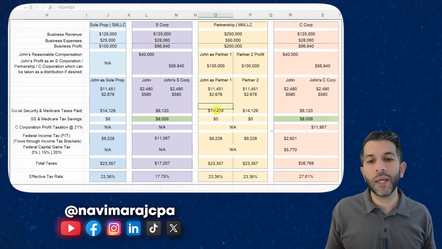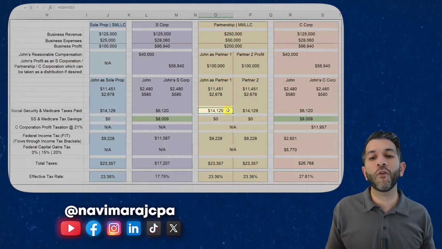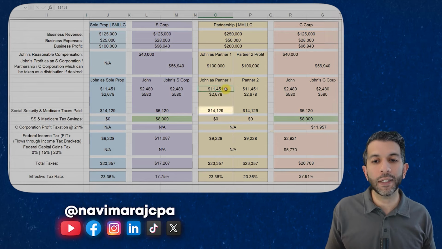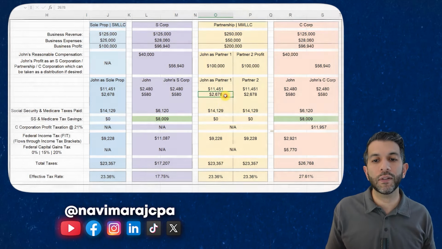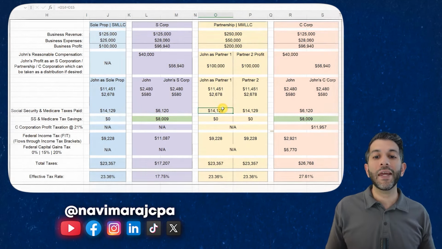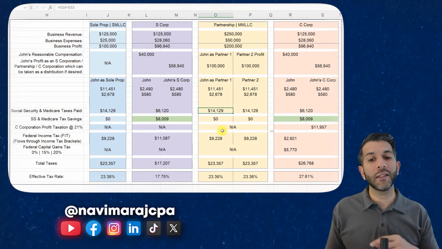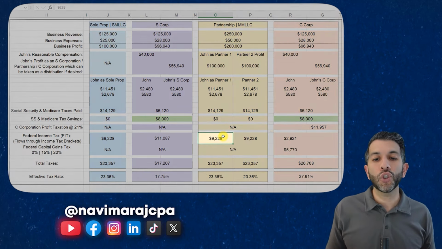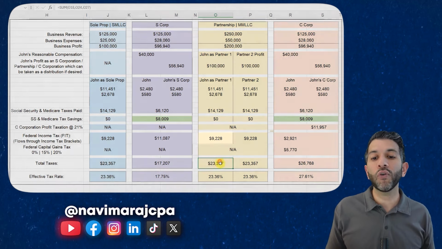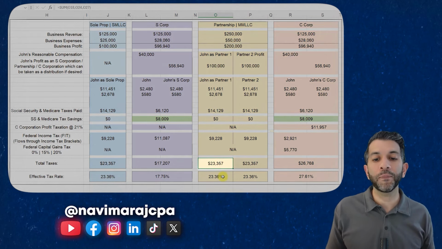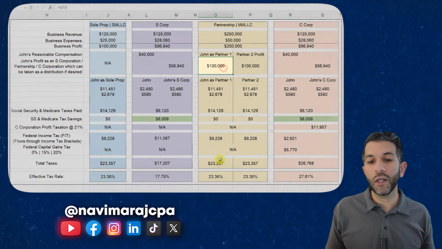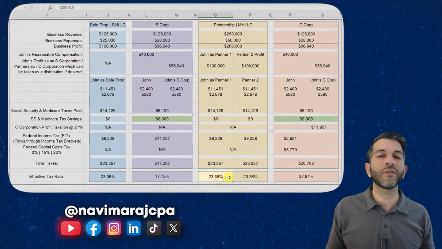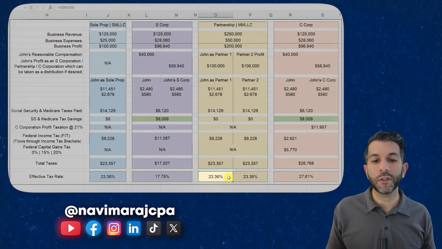The tax you have to pay in self-employment taxes is $14,129. Here's the breakdown. This is the Social Security portion. This is the Medicare portion, okay? Then you have to pay income taxes, and that's $9,228 for a total of $23,357. And so if you made 100 and you paid this amount, that means your effective tax rate is 23.36%.